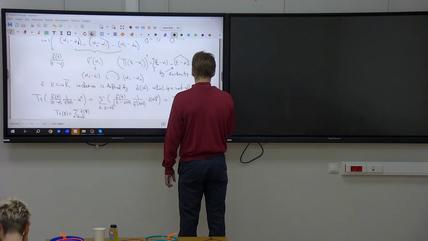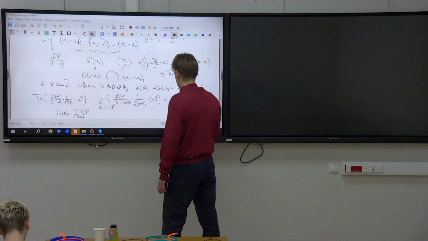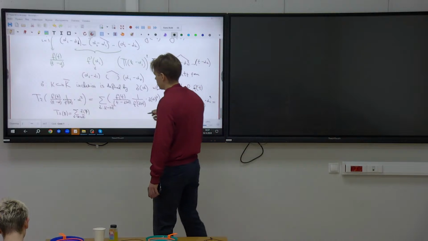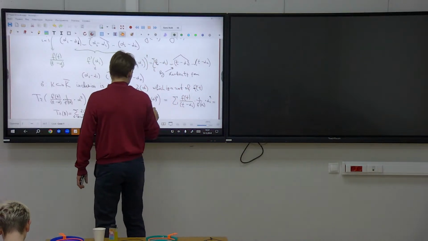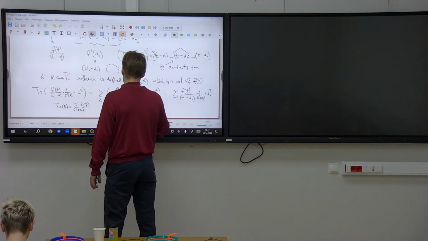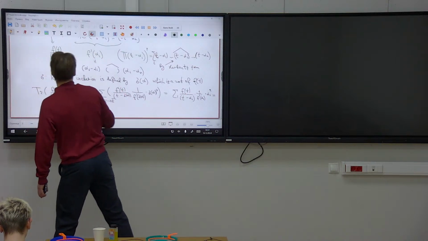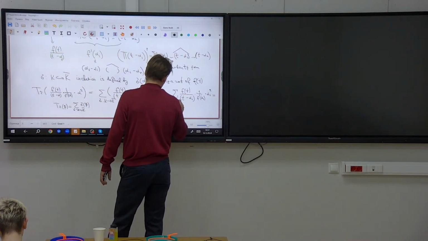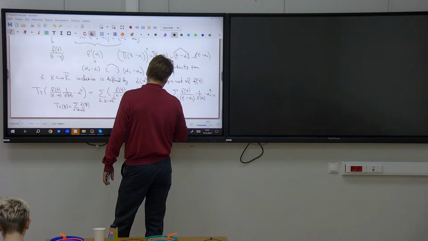And such a sum, as you know, is equal to t to the power r.